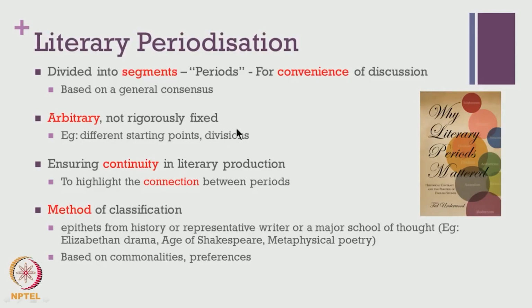And a curious fact about this aspect of periodization is that these are not rigorously fixed at all. They are more or less arbitrary, and in that sense we find many historians and many critics even arguing about the different starting points. For example, if one could talk about the origins of English literature, there are a few historians who argue that it should begin with the Anglo-Saxon period.